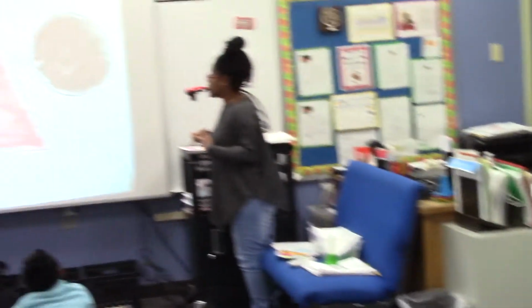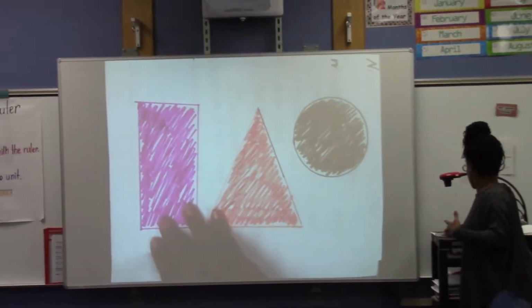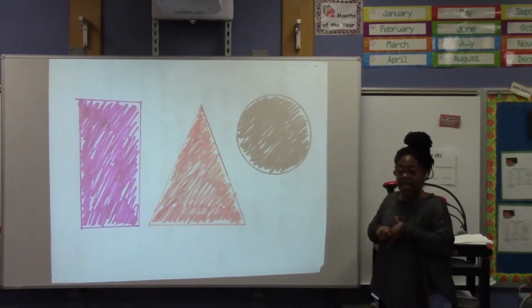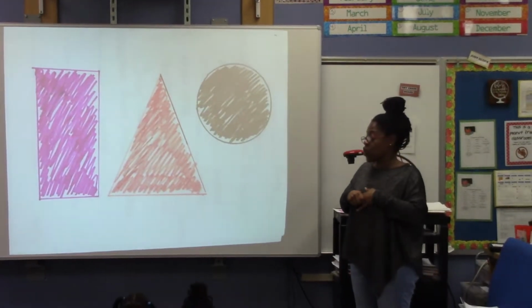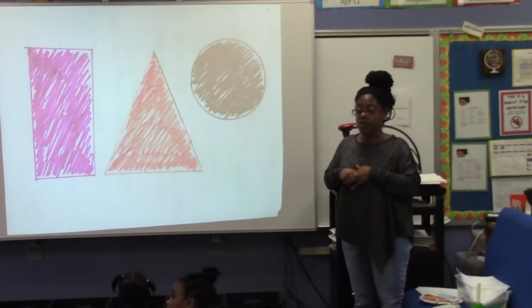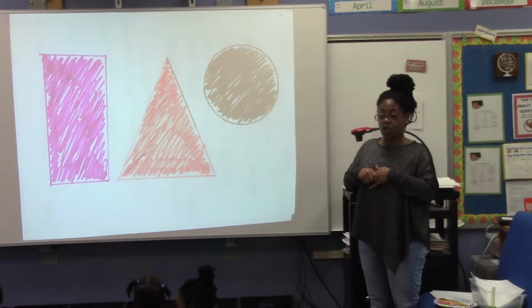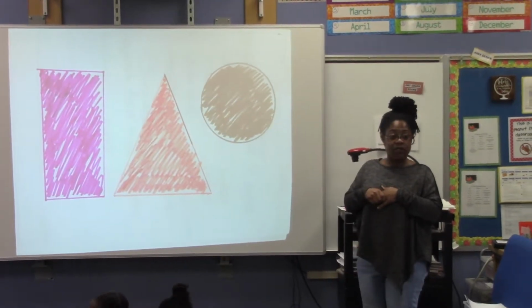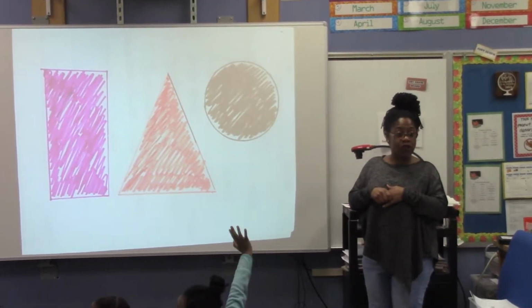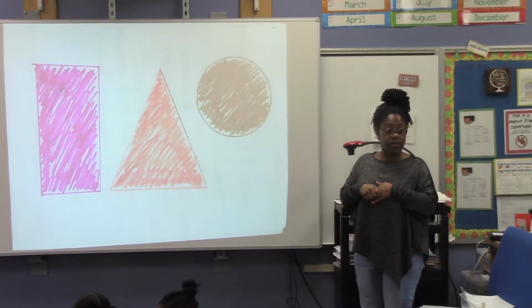Exactly. So now, when I say go to your community, you're going to walk back to your community at a level 0 and wait for further instructions.